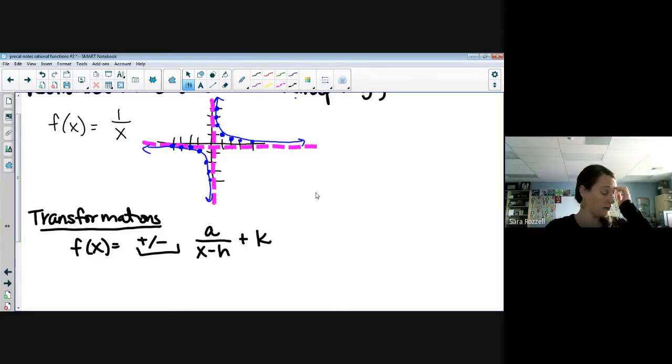So we're going to write down what all these different things do for our graph. Our basic graph is sitting right here, 1 over x, but we have all of these little transformations that can happen. It could be a plus or minus in the front. We could have a number multiplied on top. We can have a number with the x on the bottom. We can have a number added at the end.